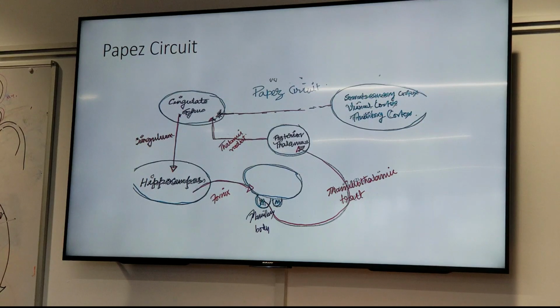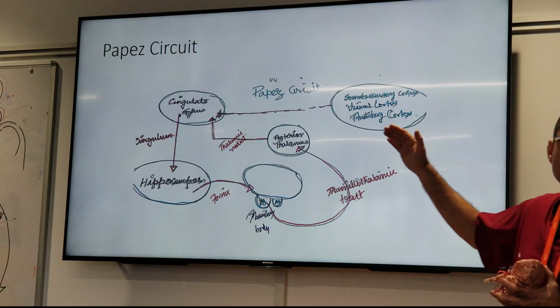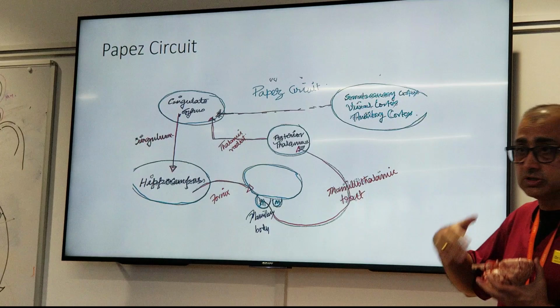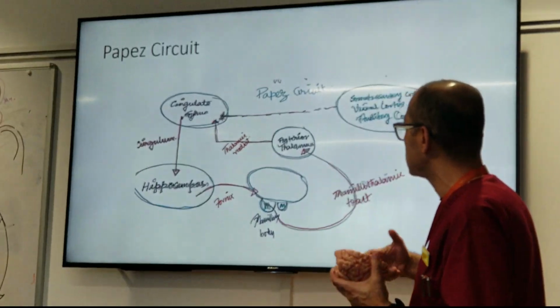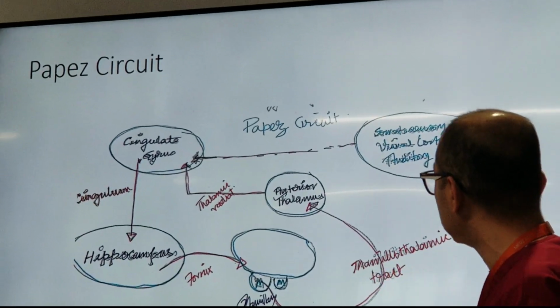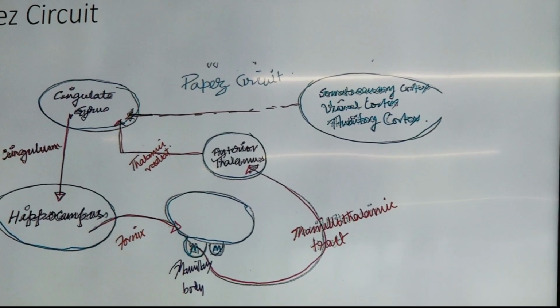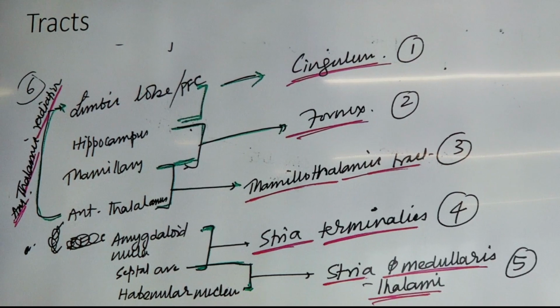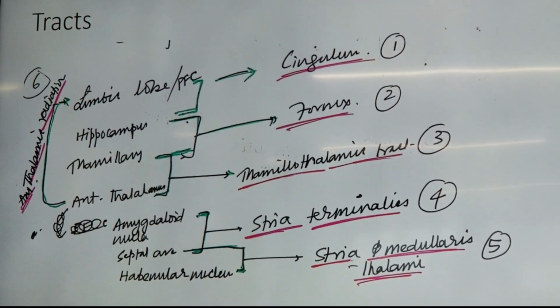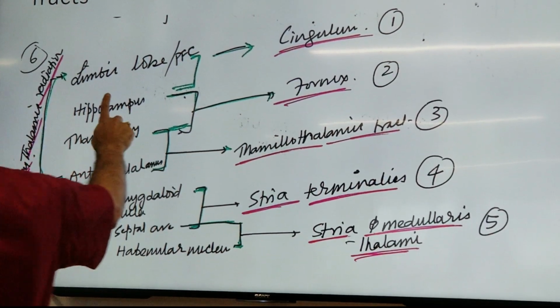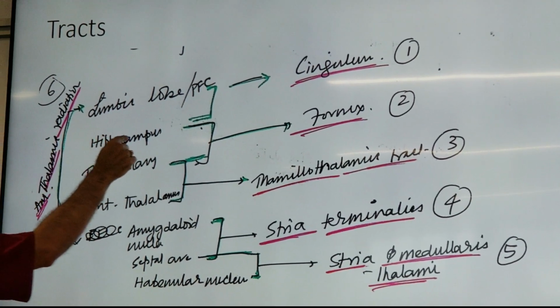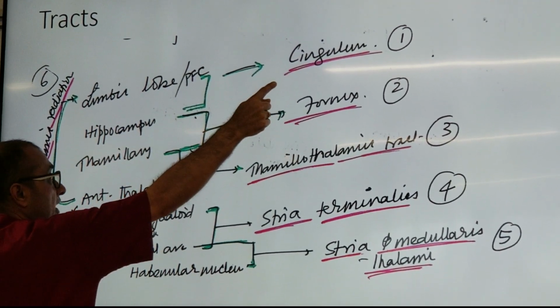One of the functions, you must have heard about the Papez circuit, which is responsible for storing recent memory into long-term memory. But before I go to that, what are the tracts? The tract connecting the limbic lobe, the prefrontal cortex with the hippocampus is called cingulum.